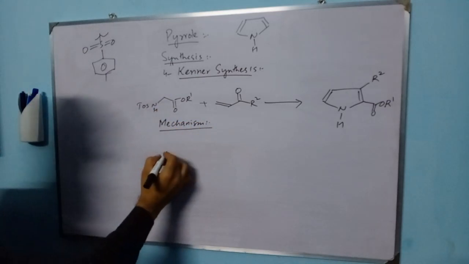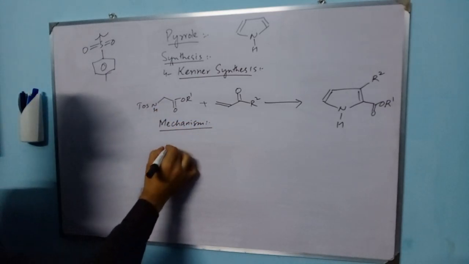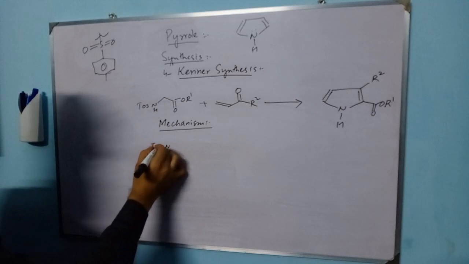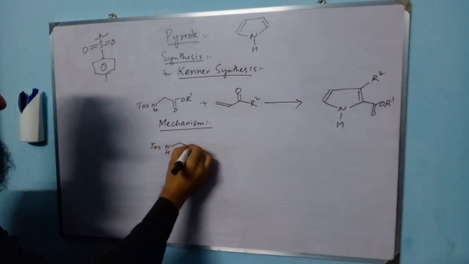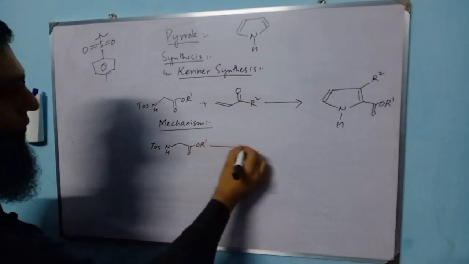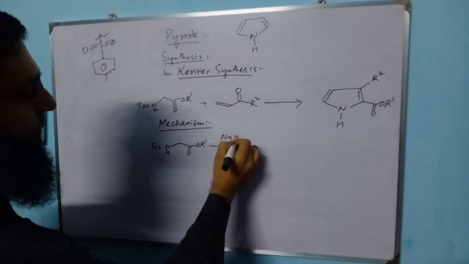The N-tosyl glycine ester would be treated with a suitable base such as sodium hydride.